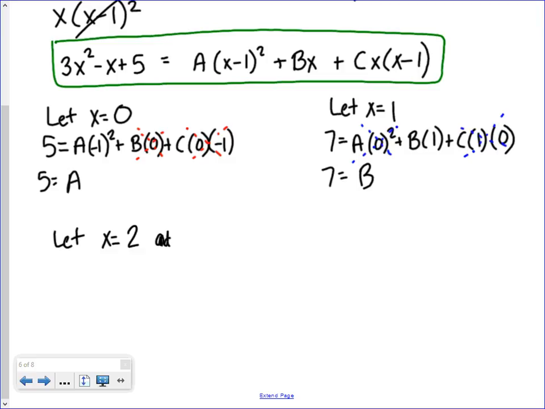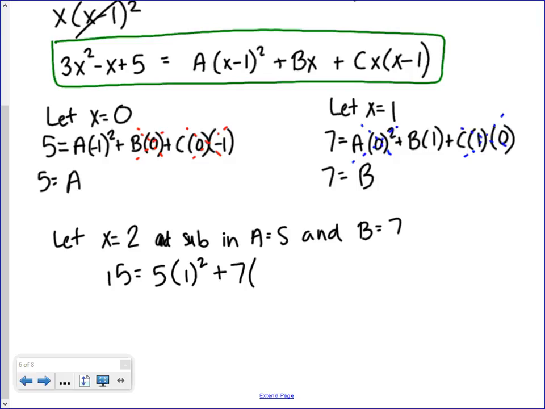And so then, a equals 5 and b equals 7. Okay. So if I plug into 3 times 2 squared is 12, minus 2 is 10, plus 5 is 15. That's equal to 5 times 1 squared plus 7 times 2 plus c times 2 times 1.